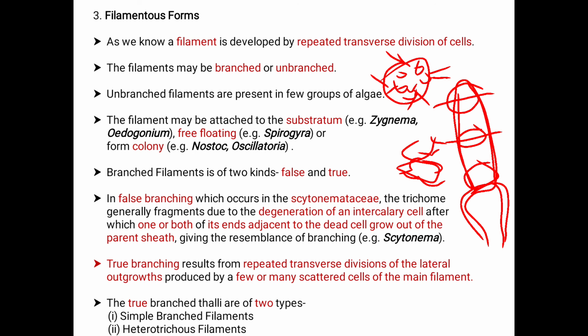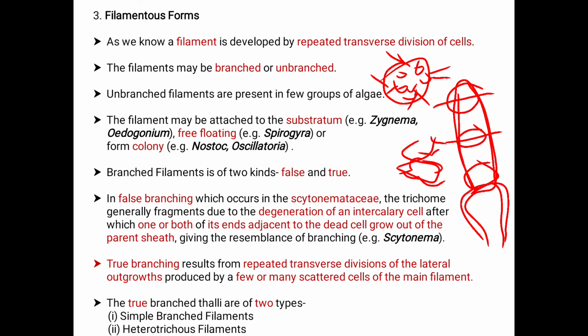In false branching, which occurs in Scytonemataceae, the trichome generally fragments due to the degeneration of an intercalary cell, after which one or both of its ends adjacent to the dead cell grow out of the parent sheath, giving the resemblance of branching. This is the case of false branching.